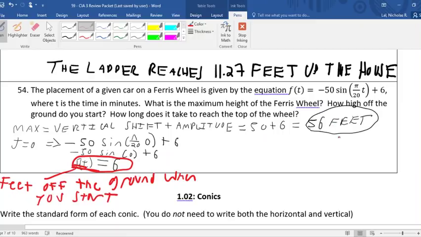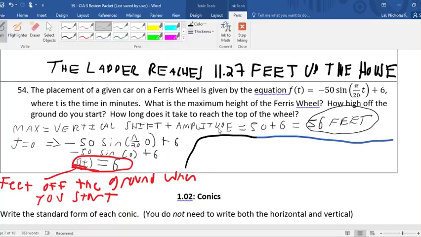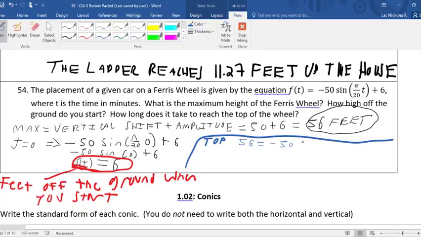All right, how long does it take to reach the top of the Ferris wheel? So this is essentially saying, what's the top of the Ferris wheel when f of t equals 56? So to get to the top of the Ferris wheel, you have 56 is equal to negative 50 times the sine of pi over 20 t plus 6.